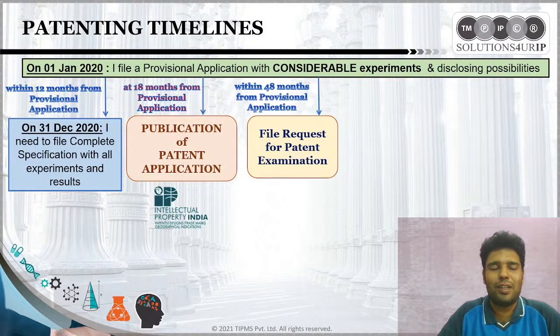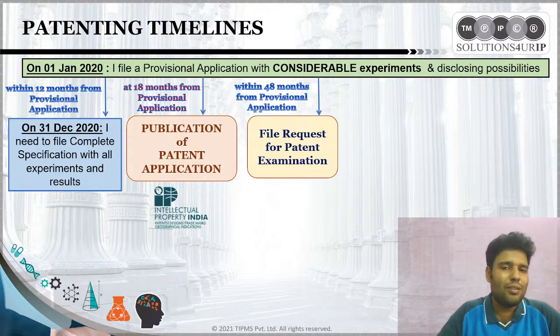Did you understand what I am telling? For example, on 1st January 2020, I file a provisional patent application, and on such date I also file form number 9 for request for a provisional application, and on such date I also file form number 18 for request for patent examination.